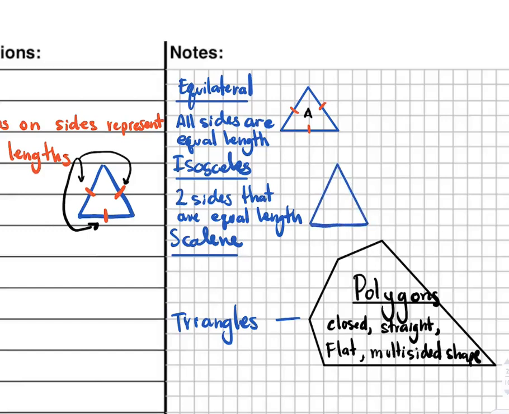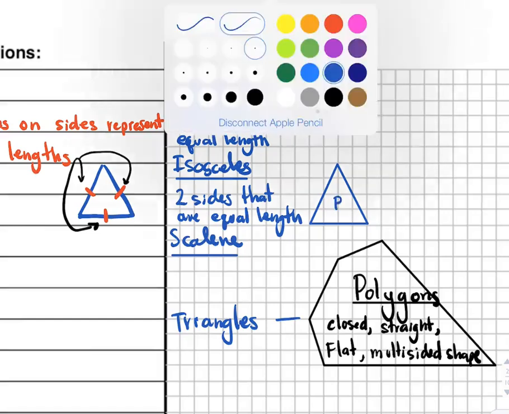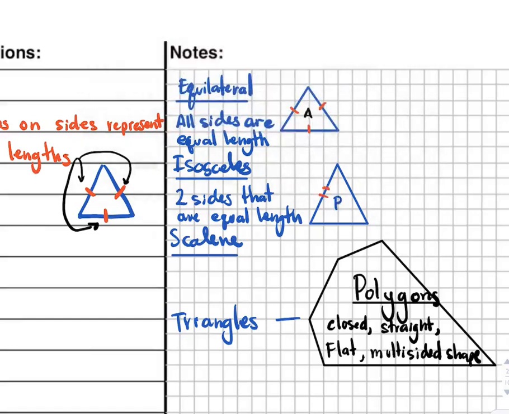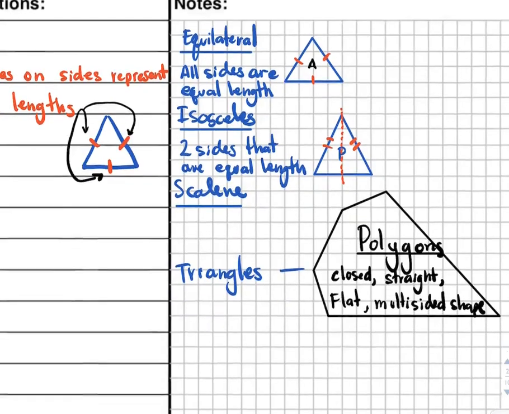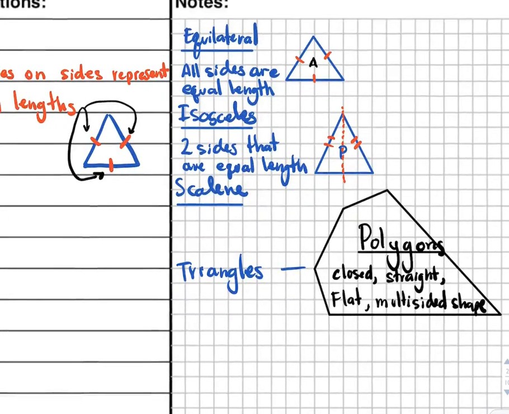An example in your shape set would be example letter P. Again, if I have dashes, those represent two pieces that are equal to each other. So those two side lengths are equal. Another key feature is they are symmetrical. That comes with the two equal side lengths.